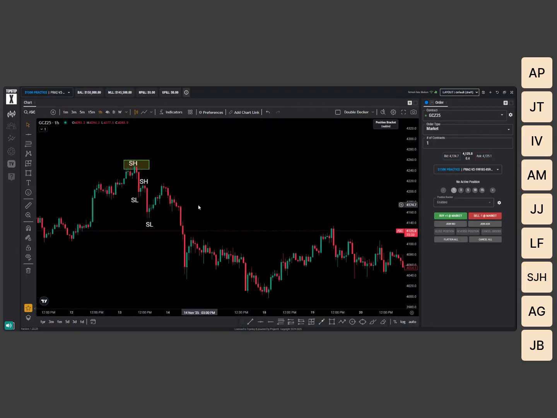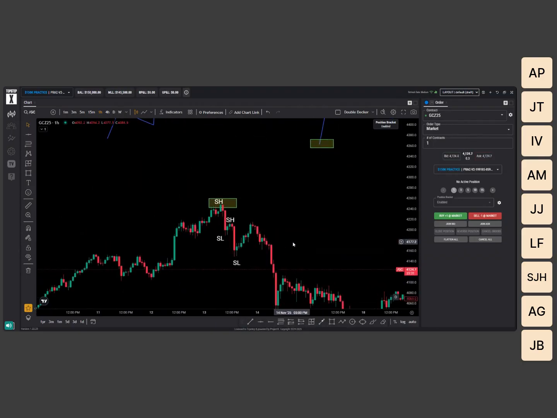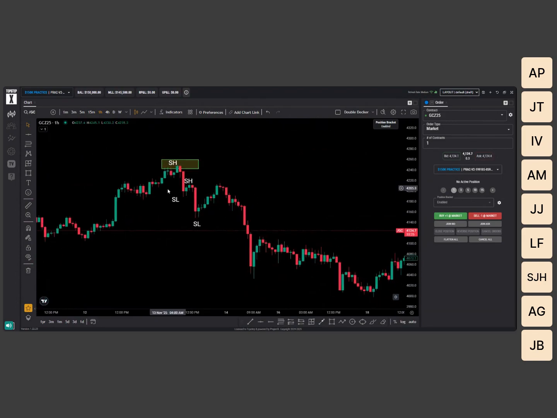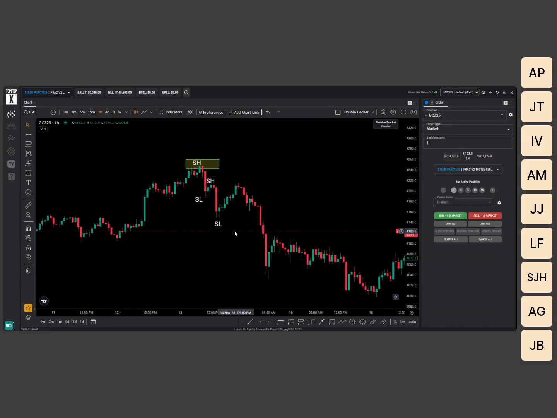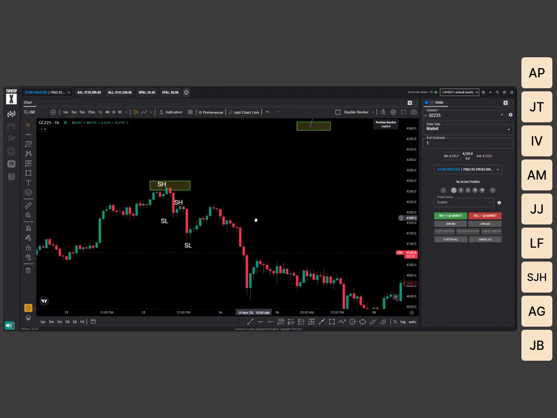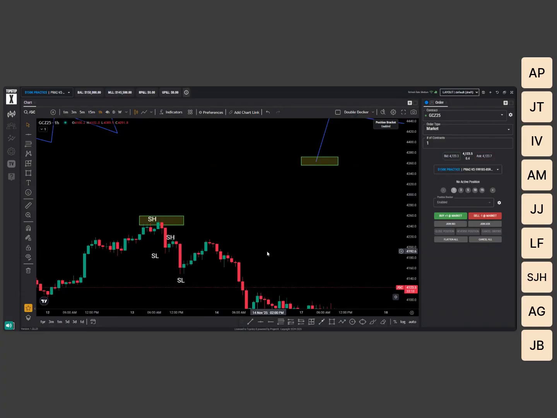Now, if we're incorporating our valid high and valid low rules with our swing high and swing low rules, we'll understand that here, we just broke structure to the downside. So our swing highs and swing lows, or our ranges, will help you see where to take the trade. Now, before we dive into entering and exiting the market, we need to understand what is considered a valid swing high or swing low.